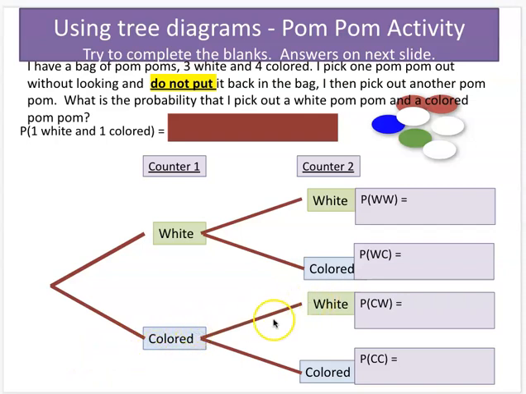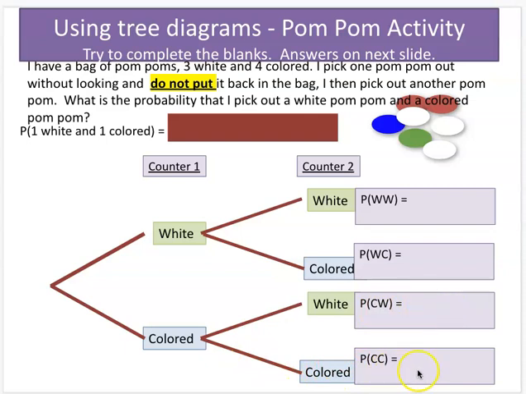Well, on the second draw, I would still have 3 white in the bag. So I would get 3 out of 6 on this line. But down here on this bottom branch, since this is connected to I pulled out a colored pom-pom on the first one, now I only have 3 colored pom-poms, so I would write 3 out of 6 on this branch.